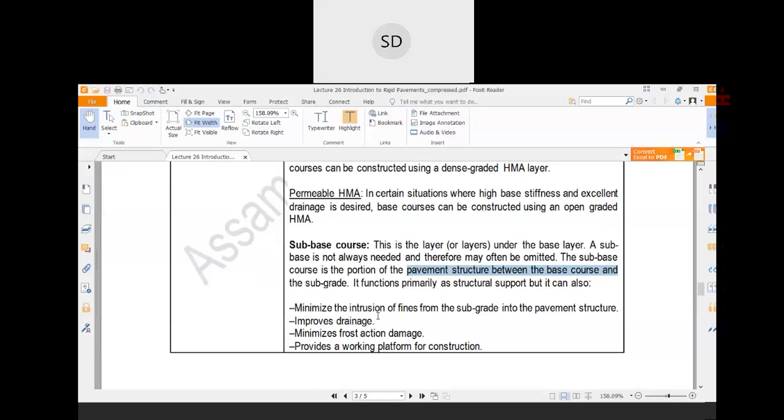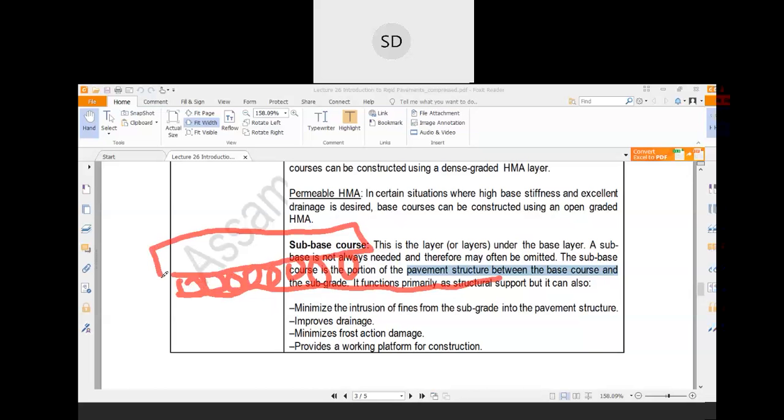It functions primarily as a structural support, but it can also minimize the intrusion of fines from the subgrade into the pavement structure. So basically, what does this indicate? It indicates that suppose this is a soil subgrade layer, and over this you provide your base courses, and over this the surface course is there.